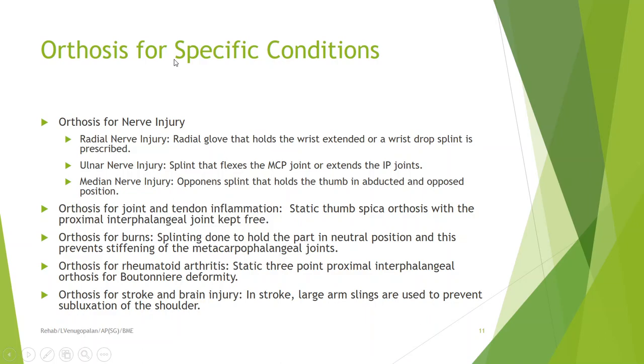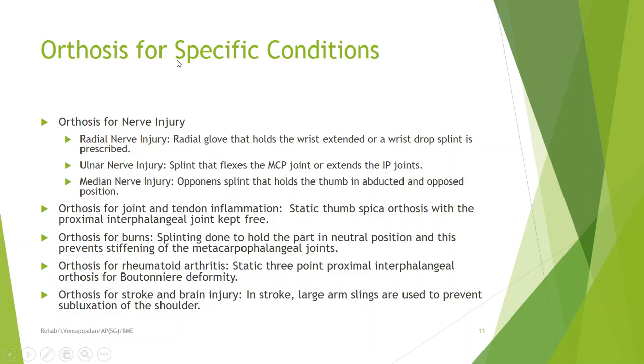So opponens pollicis, that is the thumb, the opponens splint controls the position of the thumb, right? Opposition and abduction of the thumb is held by the median nerve. Sorry, I said it is radial nerve, but median nerve is actually what controls the thumb. Ulnar nerve actually controls your fingers, like extends the rest of the fingers and flexes them at MCP.